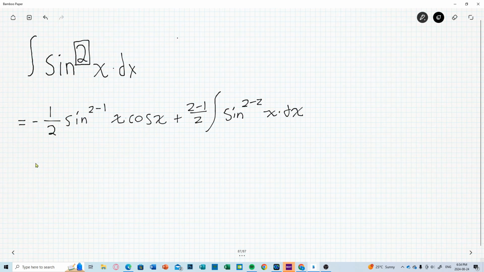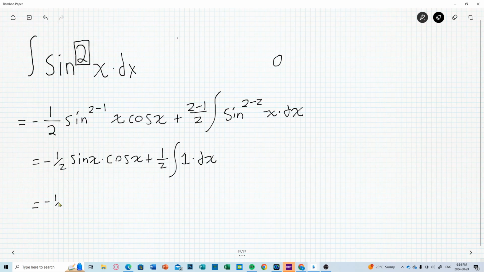Now, to simplify it, we can have this negative 1/2 sine of x, because 2 minus 1 is 1, which just means it's regular sine of x, multiplied by cos of x, plus 1/2, and then it's the integral of sine to the power of 0. But anything to the power of 0 is 1, so we're going to have the integral of 1 multiplied by dx.